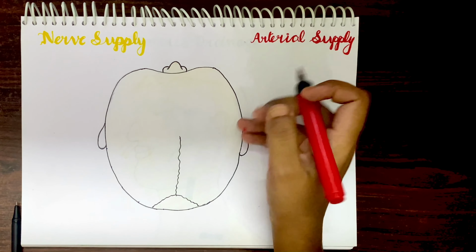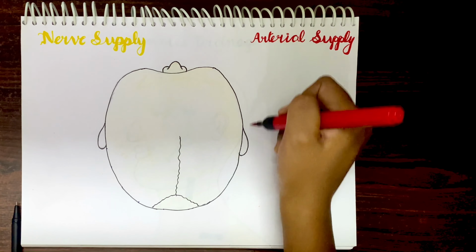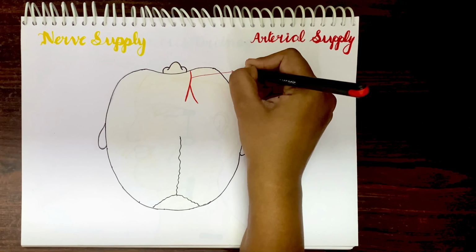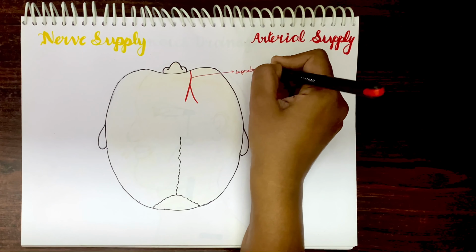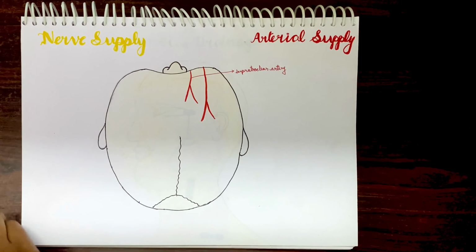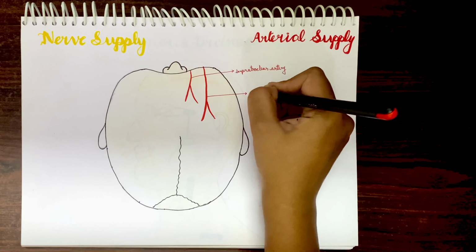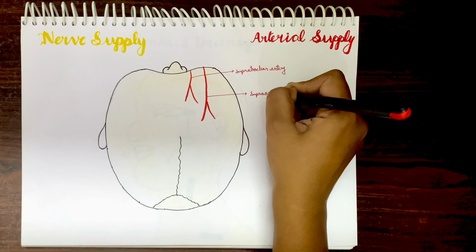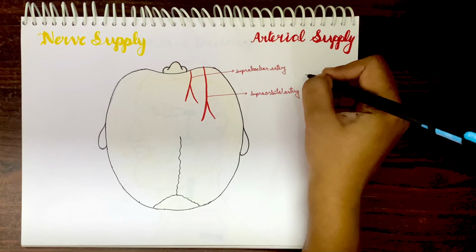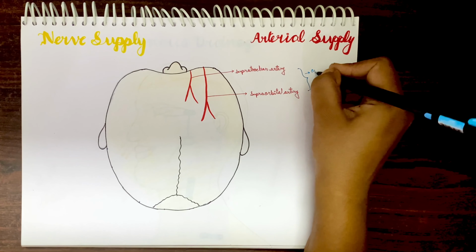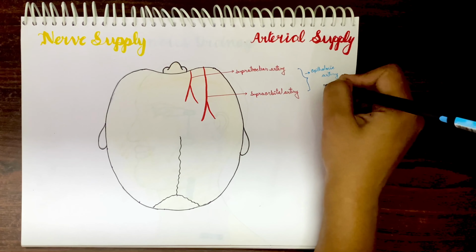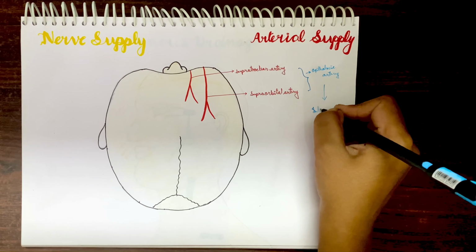Now we will look at the arterial supply of the scalp. Taking the auricle as the reference point, first we will look at the supratrochlear artery and the supraorbital artery, both of which are branches of the ophthalmic artery, which in turn is a branch of the internal carotid artery.